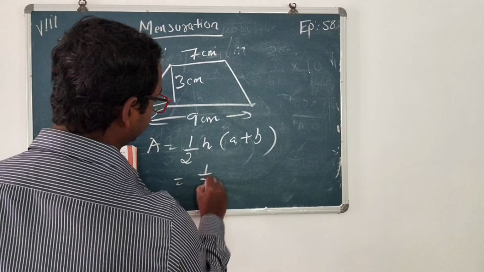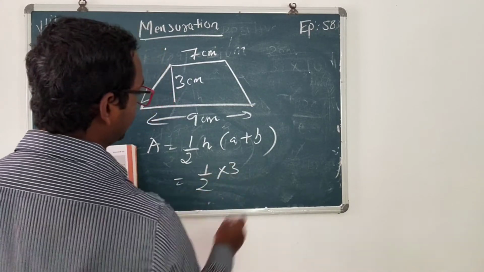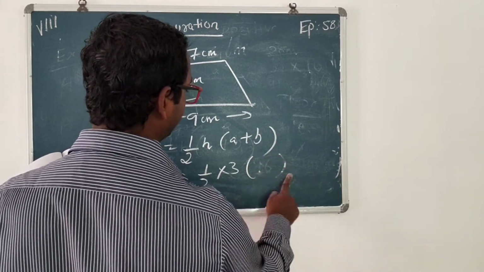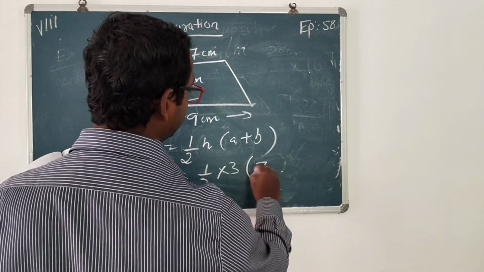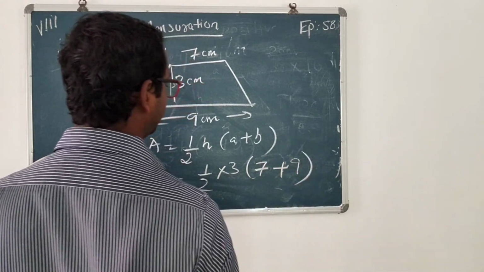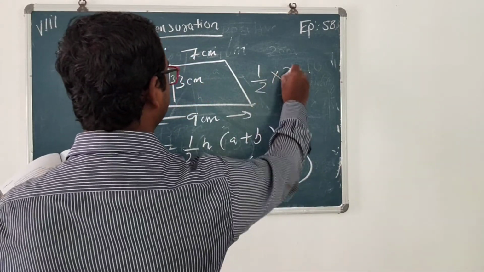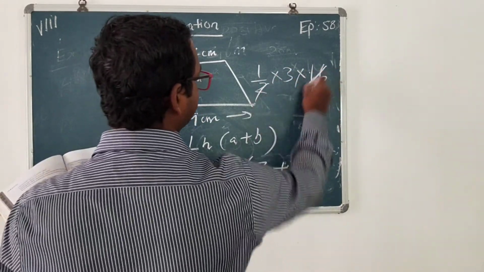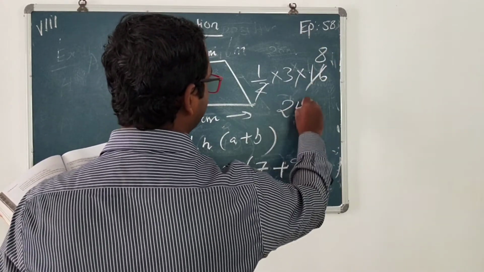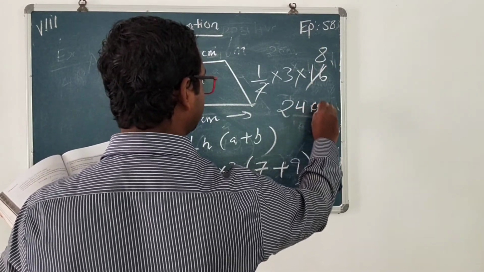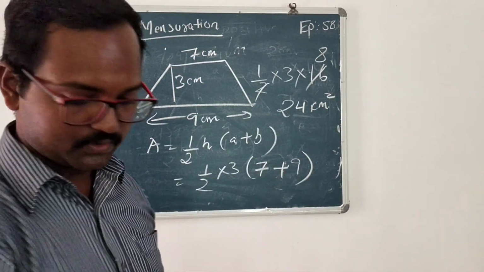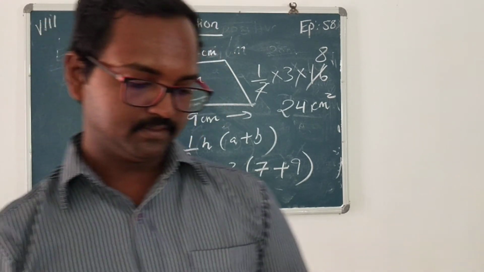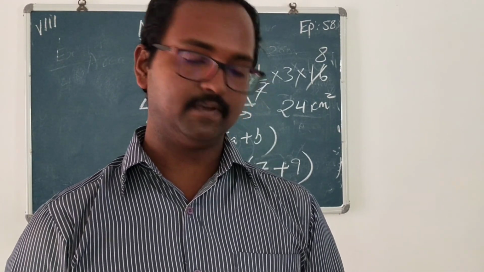So 1 by 2 into height 3 into (7 plus 9), which is 16, and we get 24 centimeter square. So students, this is how you find the area of a trapezium. That's it for today, and we will continue in our next class.